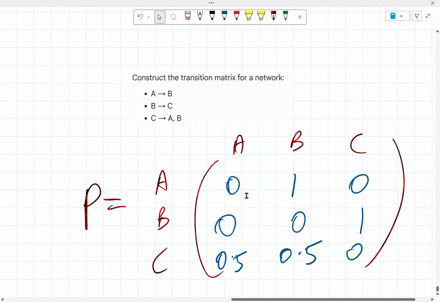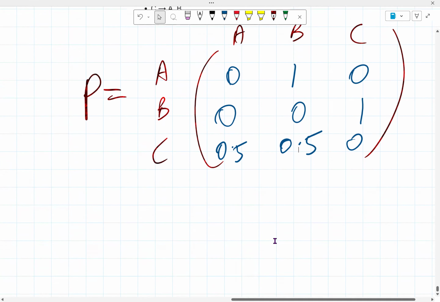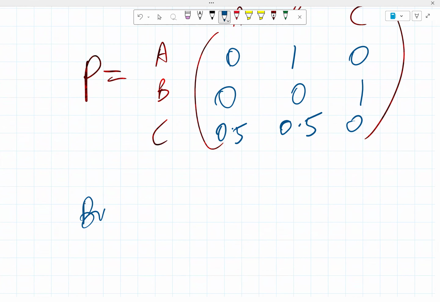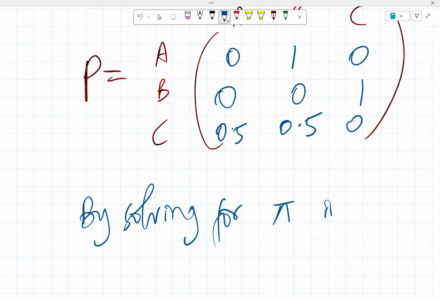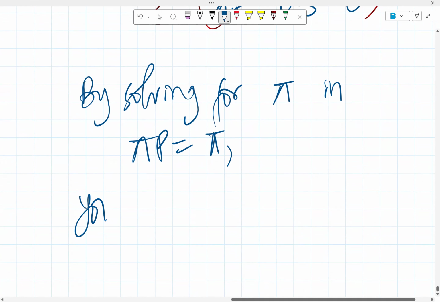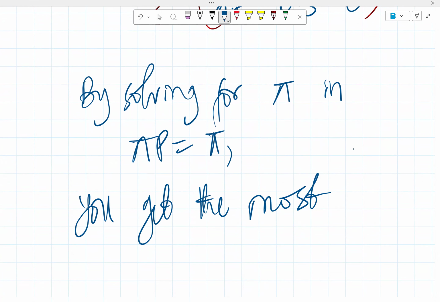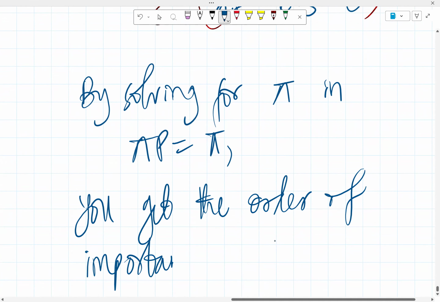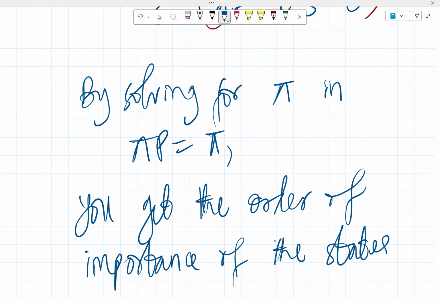By solving for pi in pi P equals pi, you get the order of importance of the states or the webs of the sites.